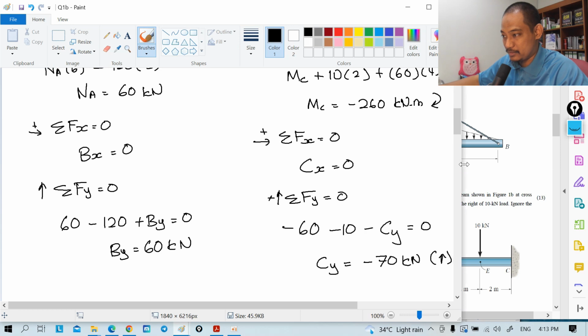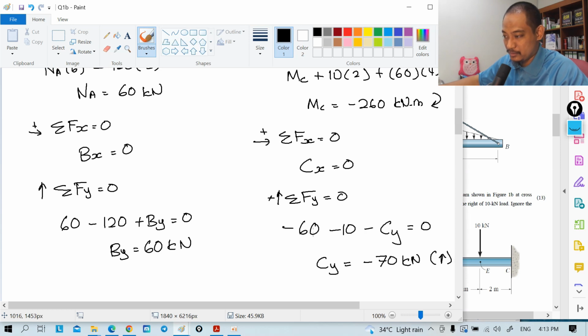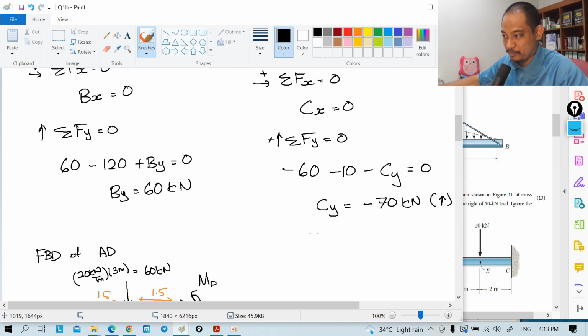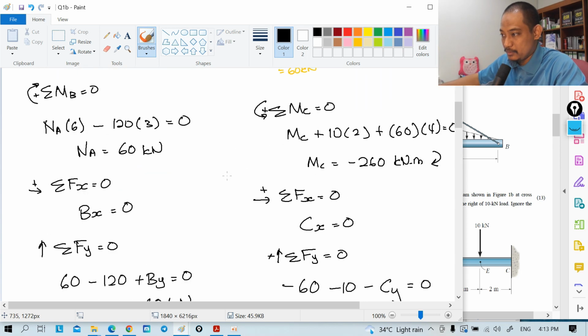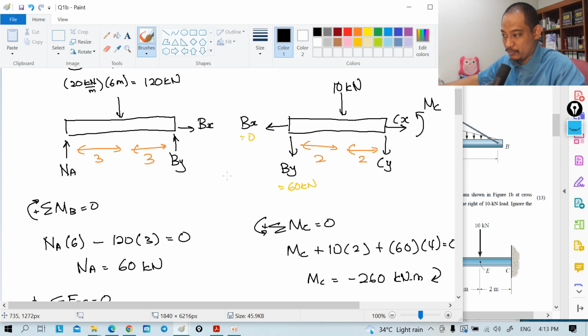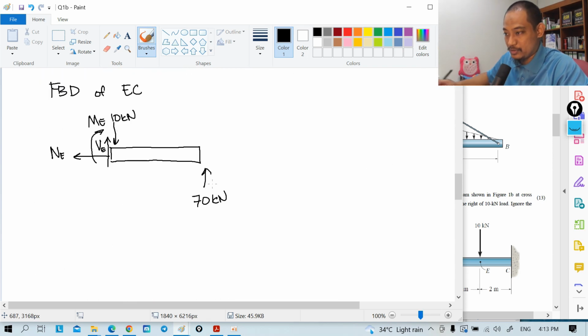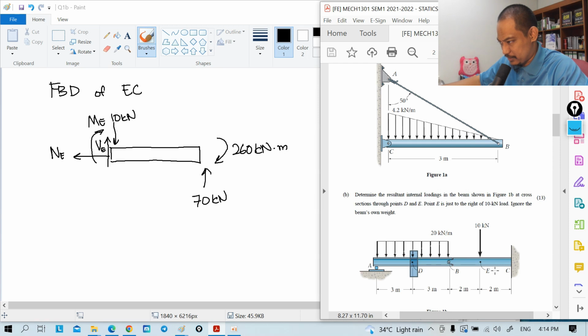So Cx is 0, Cy is 70 kilonewton upwards, and the moment is 260 kilonewton meter clockwise. We don't have anything else within this portion. The distance is 2.